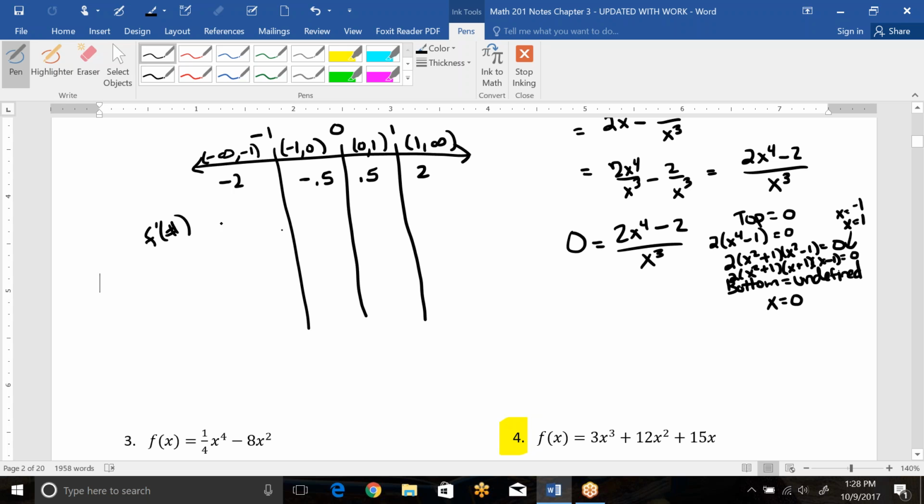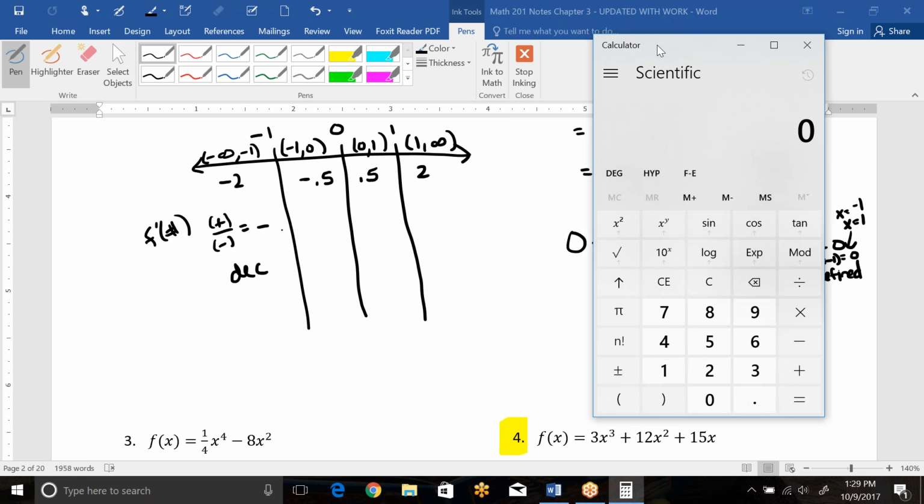So positive over a negative, just looking at my fraction, is a negative overall. So this is a decreasing interval. So negative 0.5, you'll want to use your calculator probably when there's decimals involved. You may want to use your calculator for all of them. So we're doing 2 times negative 0.5, and that's to the 4th power.